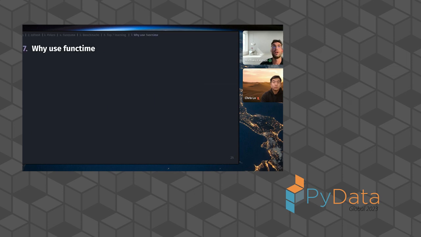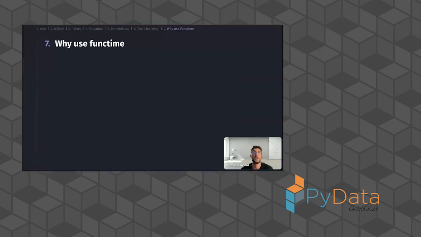Then the final element that I would like to mention is, why would you use functime for the features extraction? The first argument would be the speed, because as you can see, if you have many time series on a very large data set, you can really leverage the predefined set of features that we have made available, but also all the capabilities from Polars. And I think we have to recognize that this work is quite amazing.